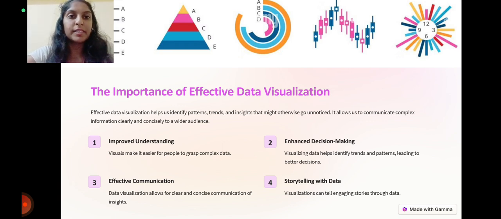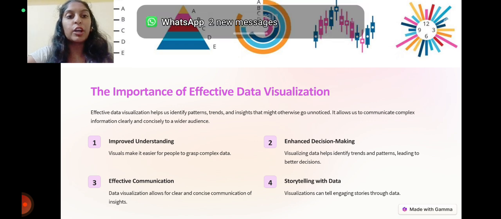Visualizing format is more effective than paragraph format, and it also enhances the decision making.